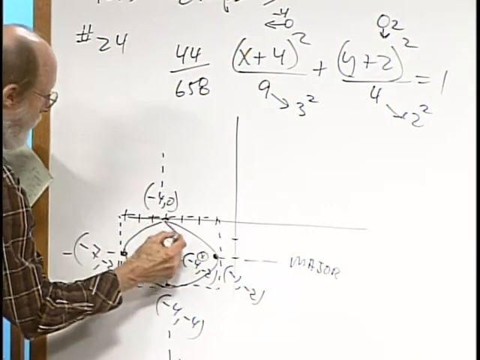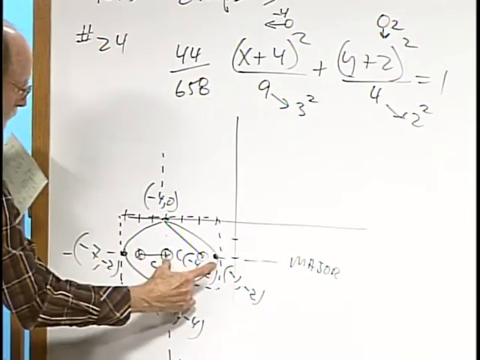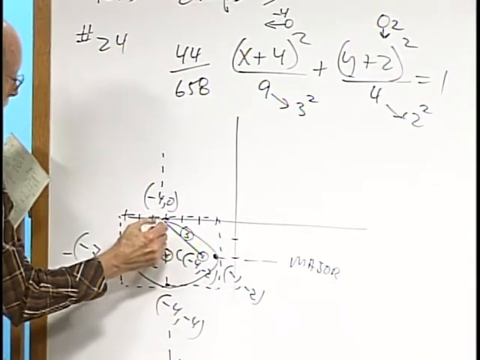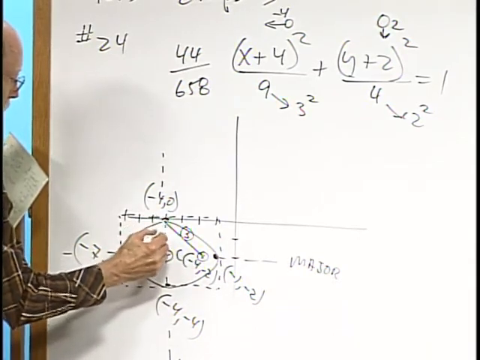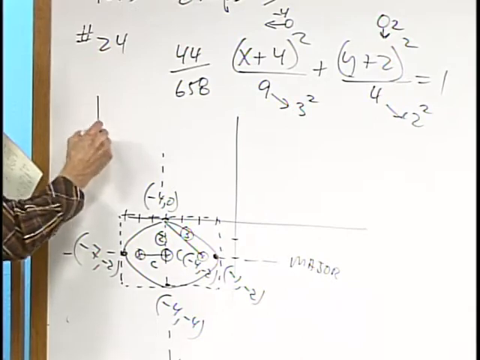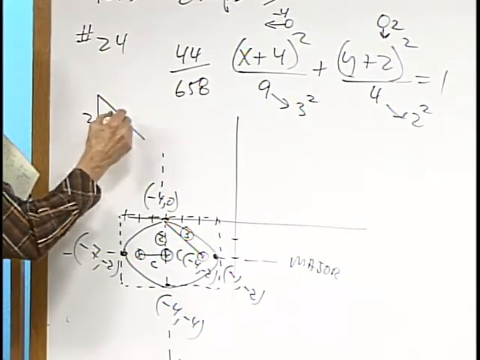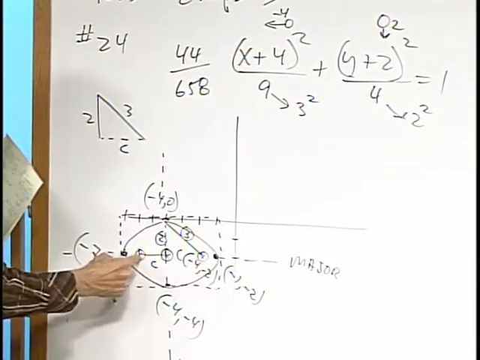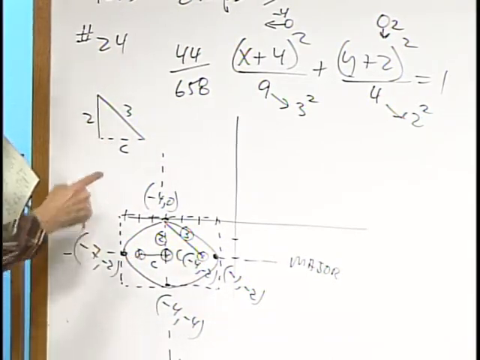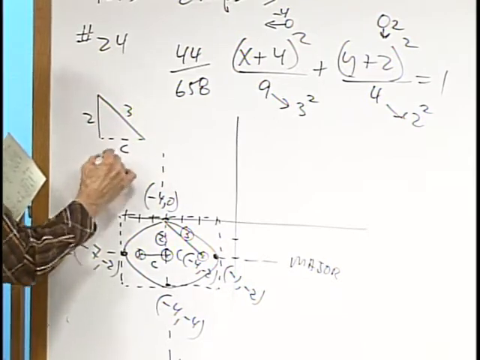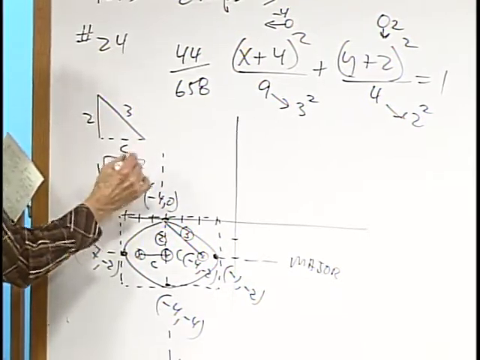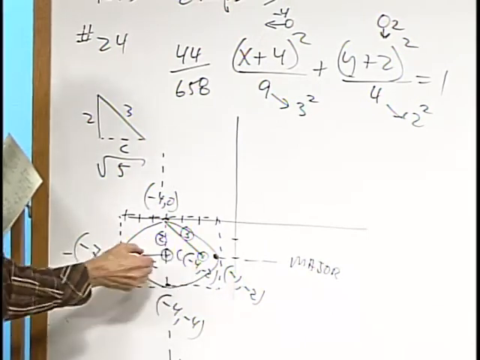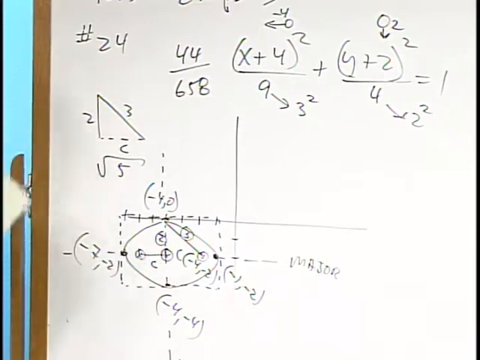So you take this distance 3, the semi-major axis length, and lay it on there as a diagonal, and you already know this value is 2, so we have a 2 and a 3 like that, and we need to compute this distance to locate the two foci. That length is the square root of 9 minus 4, which is the square root of 5. So it's a little more than 2 to the right and left of the center where those focus points are located.